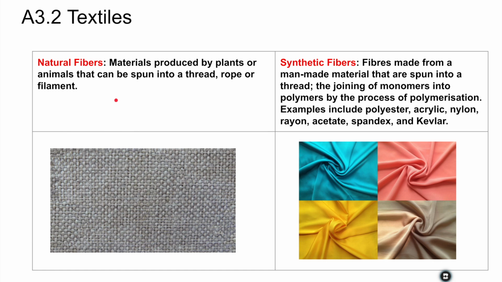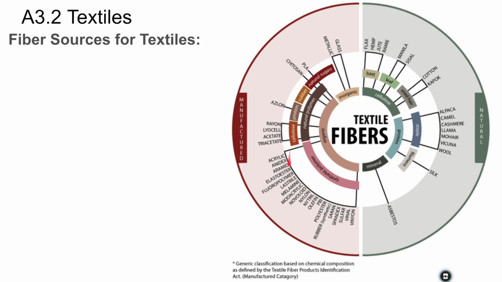But the big idea with textiles is that you need to start with a filament. So you need some sort of thin filament-like material, which you're going to spin into a thread, and then you need to weave that into some sort of cloth. Here's a chart that shows you where different textiles and filaments come from. On this side is the natural side, and on this side is the manufactured or man-made side.